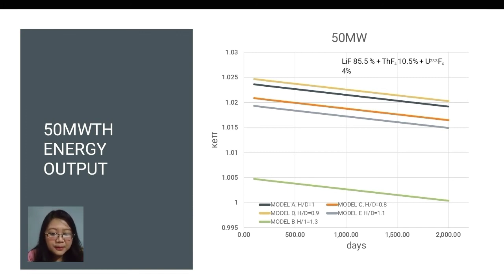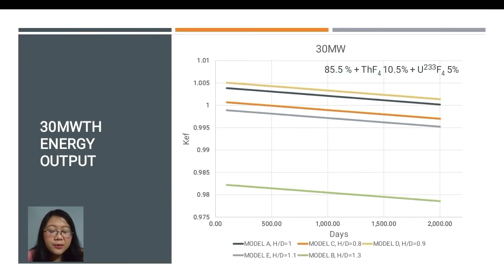And by this picture, we also notice that model D, which is H per D 0.9, sits up here. It means that it is the most effective and has the least leakage.